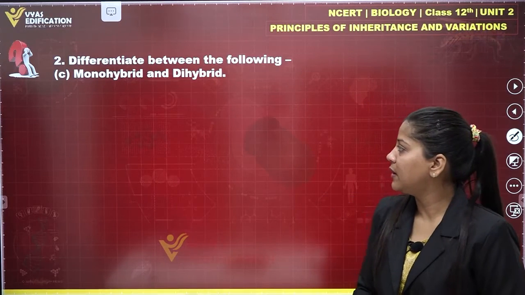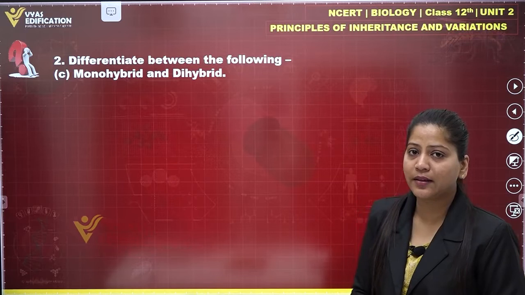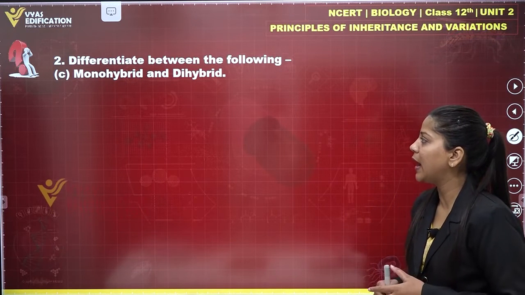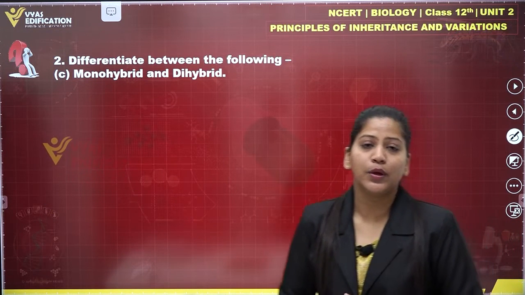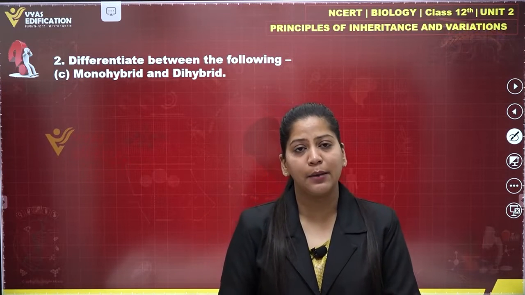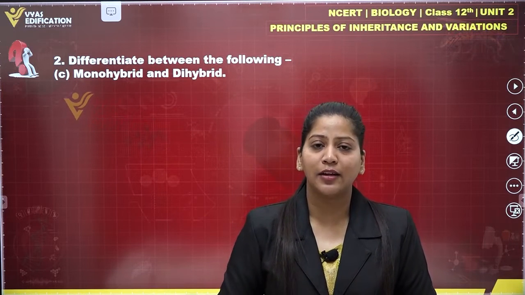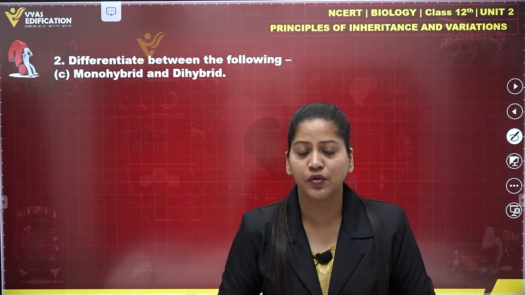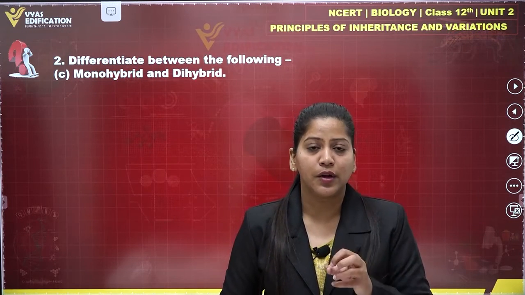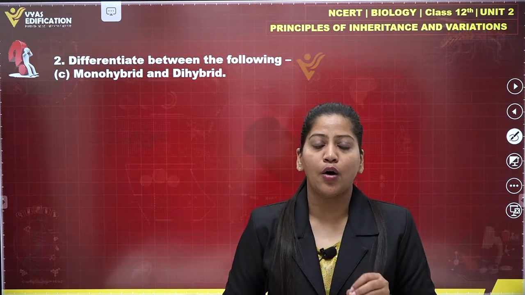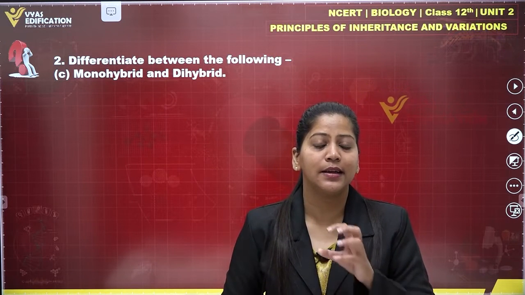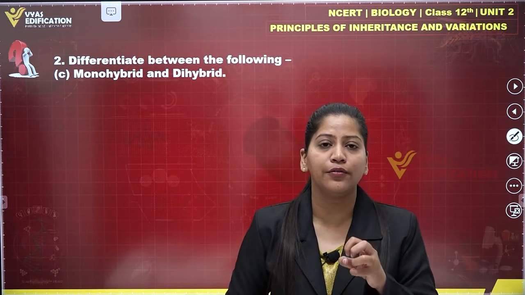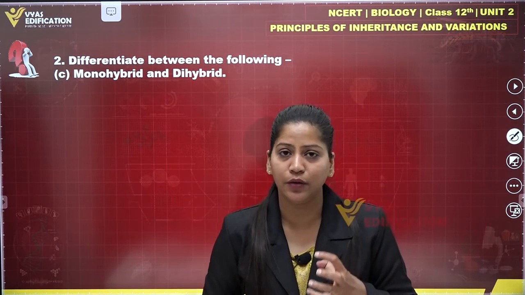Now we have the third part of question number 2, that is differentiate between monohybrid and dihybrid. We know what monohybrid cross and dihybrid cross are. Monohybrid is a cross between two pure organisms in order to study the inheritance of a single pair of alleles for a trait.